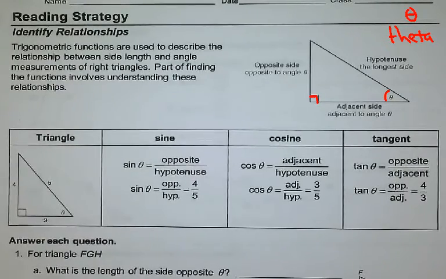So there are going to be three things that we learn today. We deal with sine, cosine, and tangent, and they deal with the relationship of the sides of the triangle, right? The longest side is always called the hypotenuse.